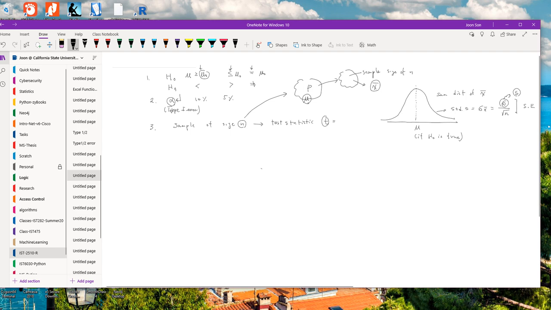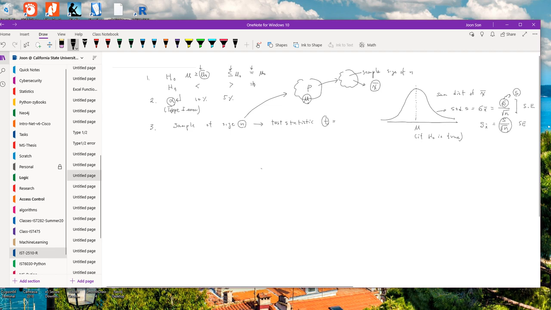So the notation we need to use for the standard error is S divided by root n. This is the estimated standard error.